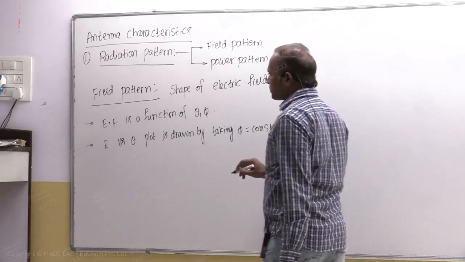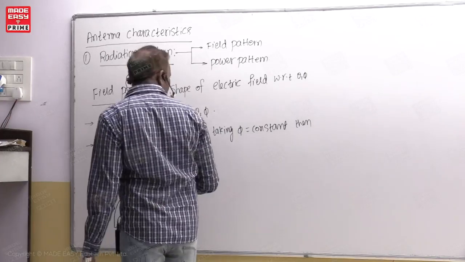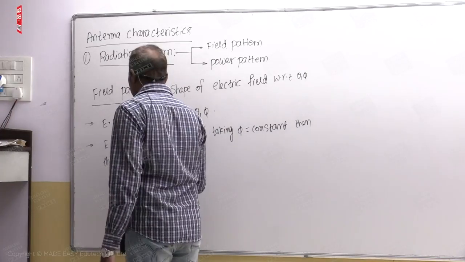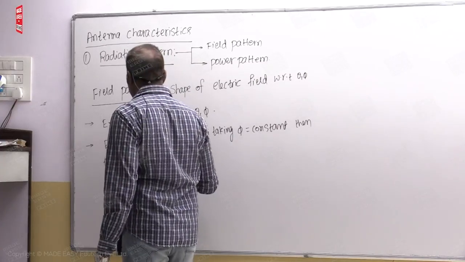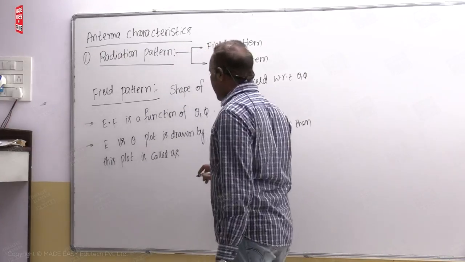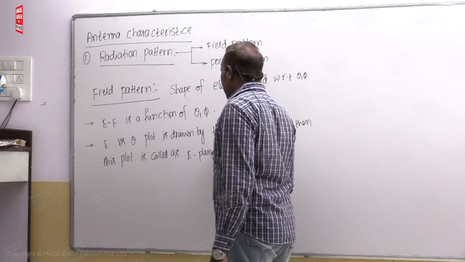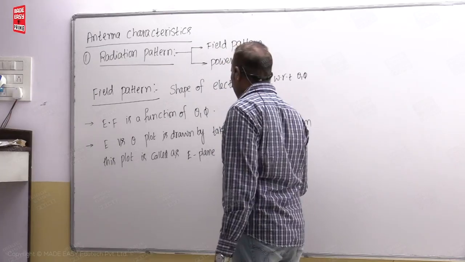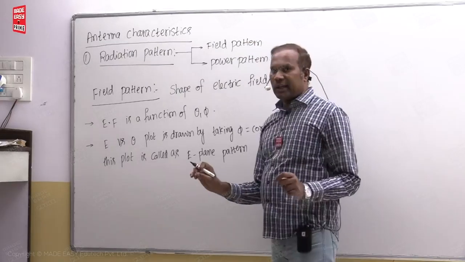Then this plot is called as E-plane pattern. Here E means not the electric field.